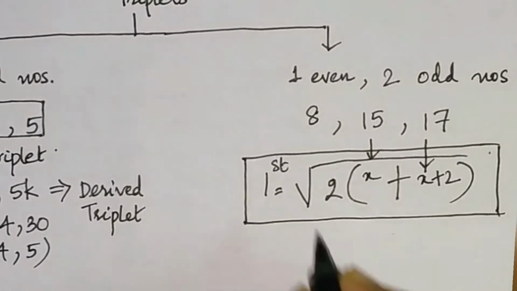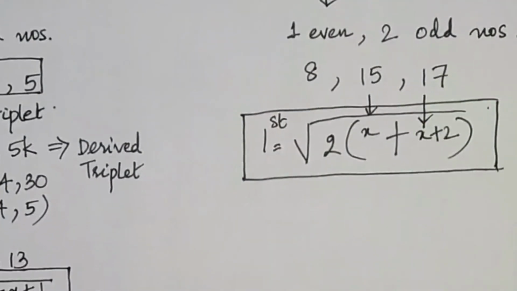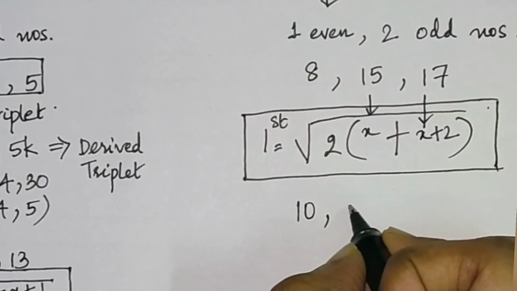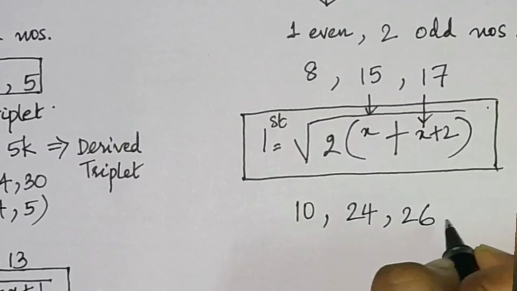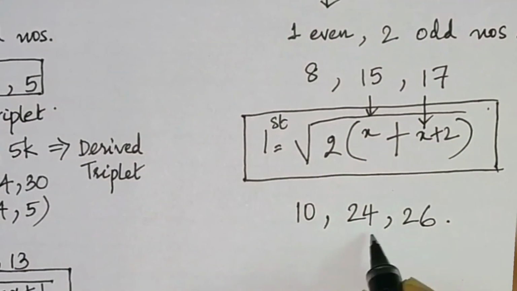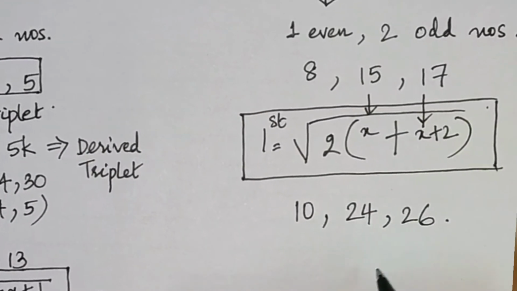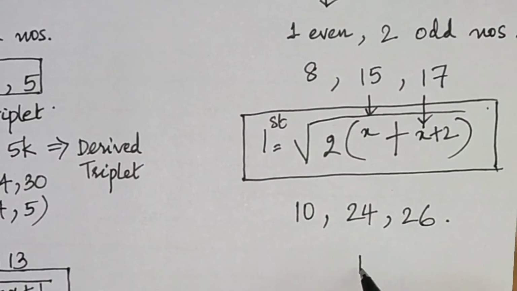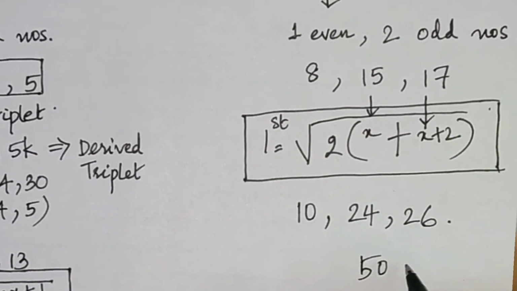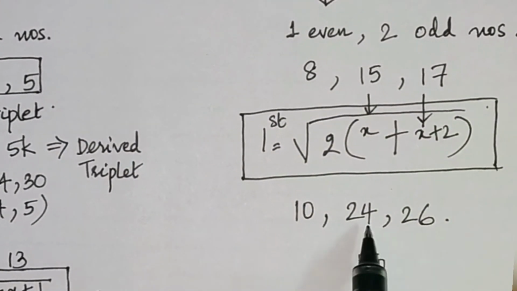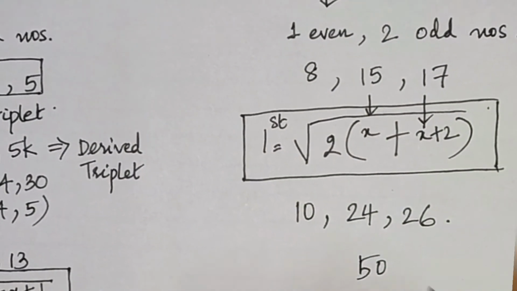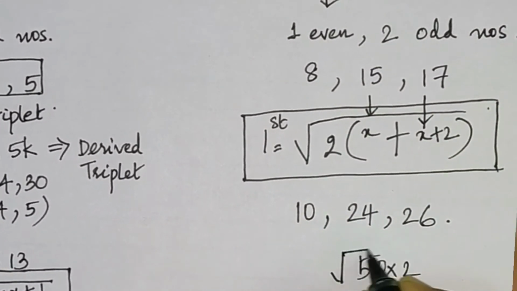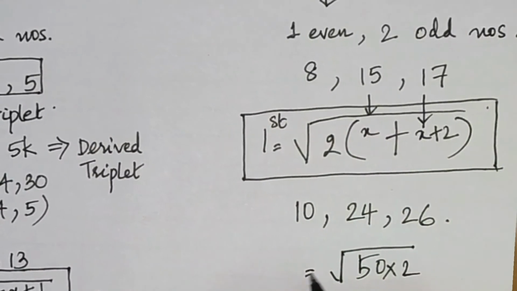Okay, so let's look at some examples. If we take the triplet 10, 24, 26, 24 plus 26 is 50, and if you take twice that, we get 100, and the square root of it is 10.